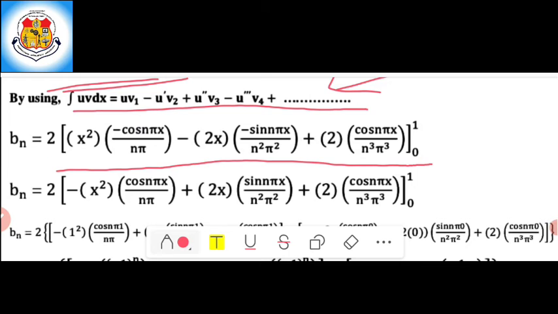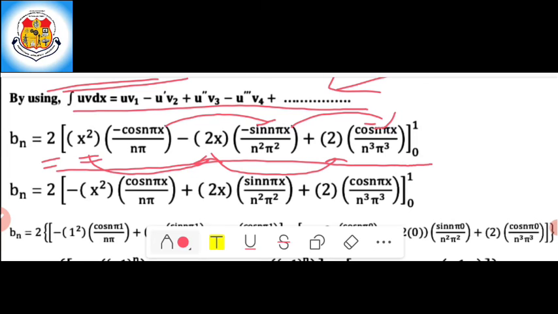Next, by applying the formula, polynomial into function, we get the integration. So bn = 2[x²(−cos nπx/nπ) − (the derivative of the polynomial, 2x)(the integration of the function, −sin nπx/n²π²) + again we differentiate 2x for the next term, which is 2, and integrating the function we get cos nπx/n³π³].